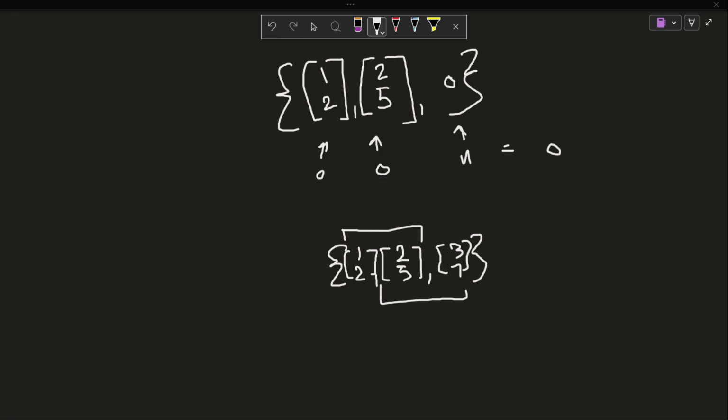And then the last theorem that I want to talk about is that if a set of vectors S that belong to V, our vector space, is linearly dependent, then any larger set containing S is also linearly dependent.